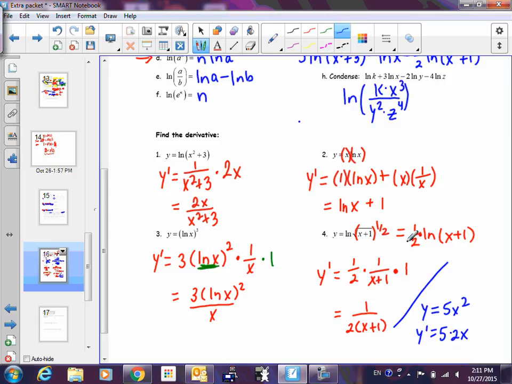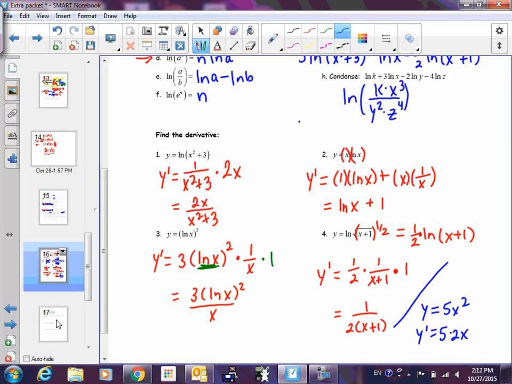That 1/2 is not by itself, and I'm not even using product rule. You could have used product rule here. You would have done 0 times natural log of x plus 1, and then the second part would be what I've written here. But when a number is one of your 2 pieces, just multiply by that number. If I'd been adding, you're right, that 1/2 would totally go away.